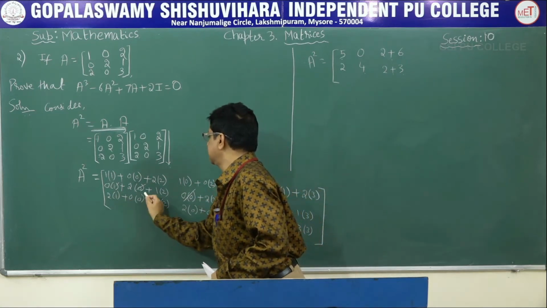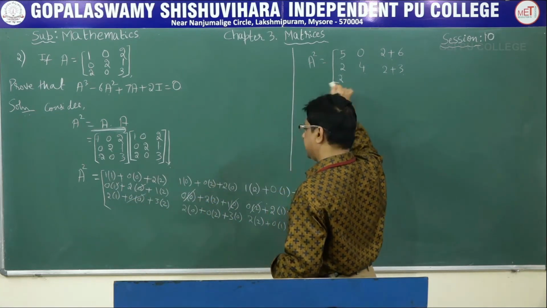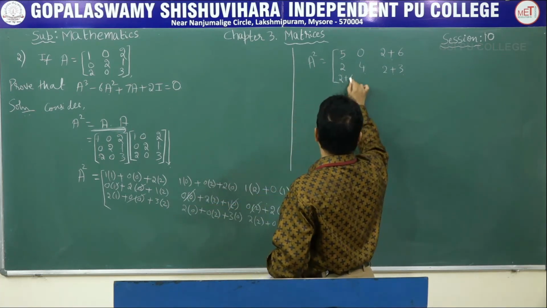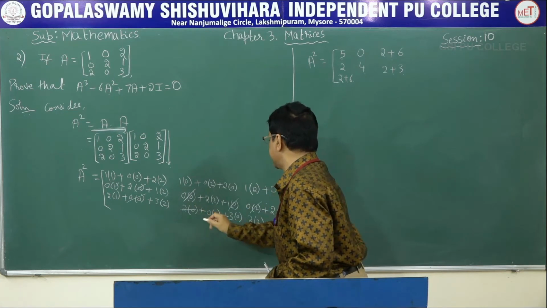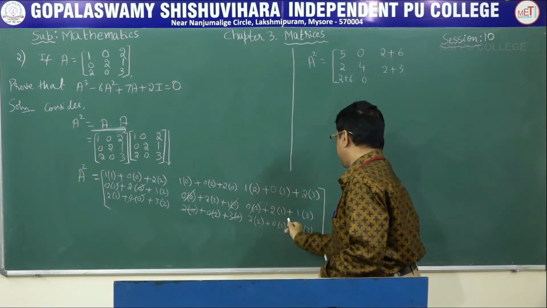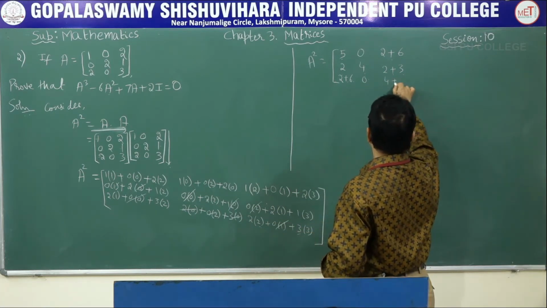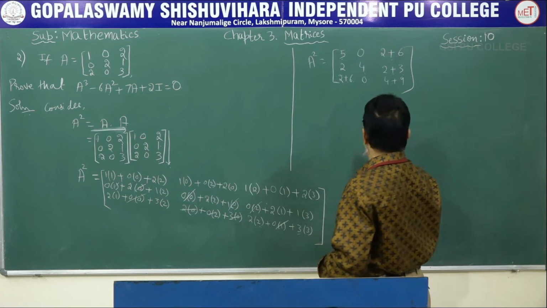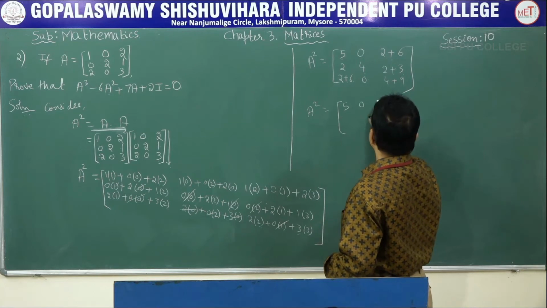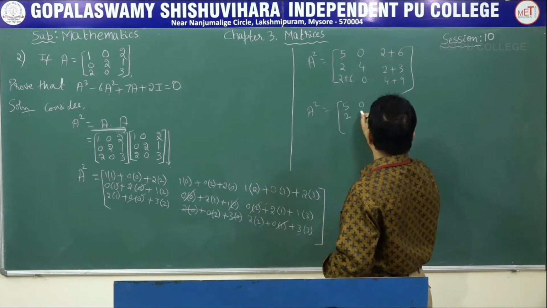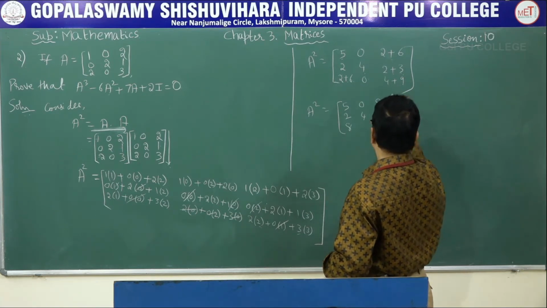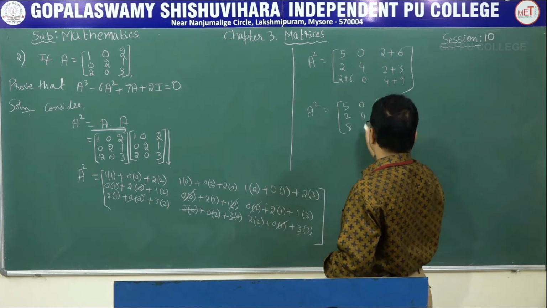This is 2 into 1, 2 plus 3 into 2, 6. So 2 into 0, 0, 0. So you will get 0. 2 into 2, 4, 4 plus 9, that is 3 into 3, 9. So A square is equal to 5, 0, 8, 2, 4, 2 plus 3, 5, 6 plus 2, 8, 4 plus 9, 13, and this is 0.